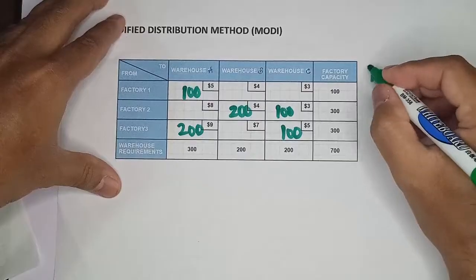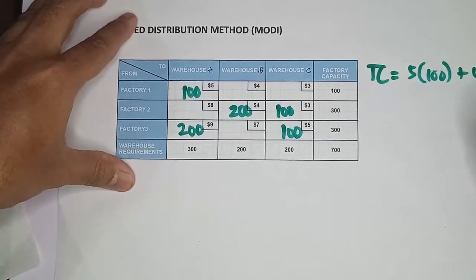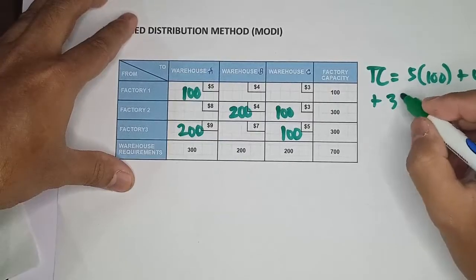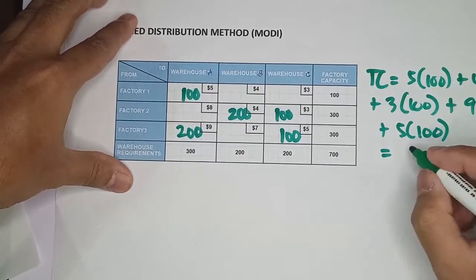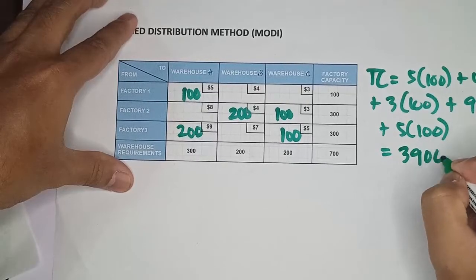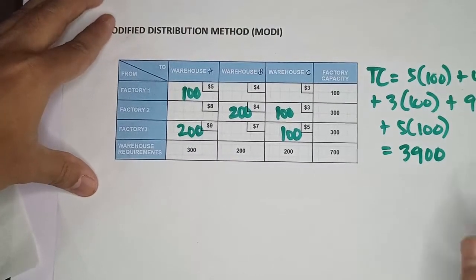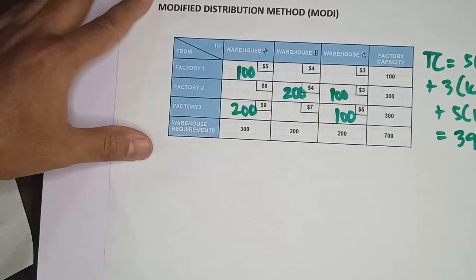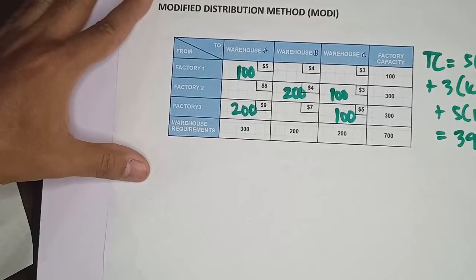And the total cost for this tableau is equal to 3,900. And once again, we're going to check if this tableau is already optimal.